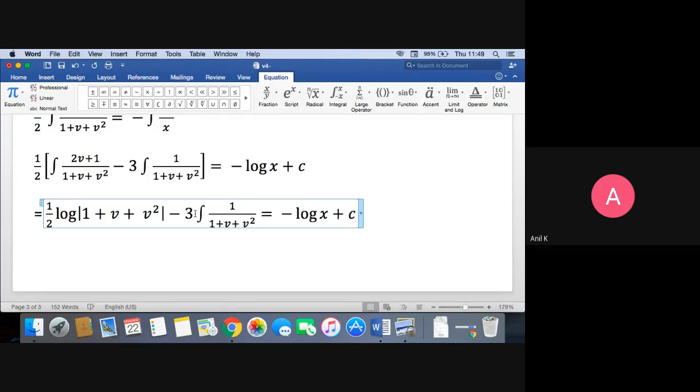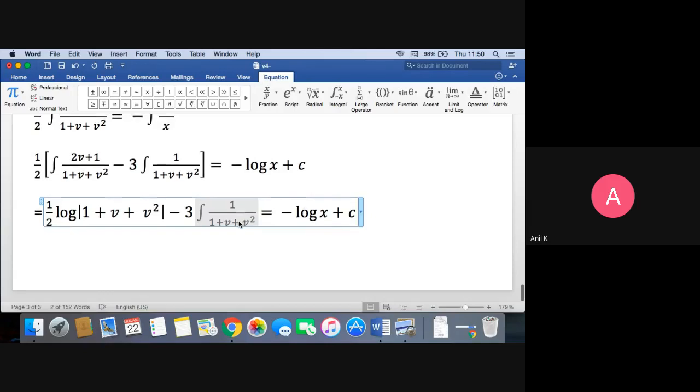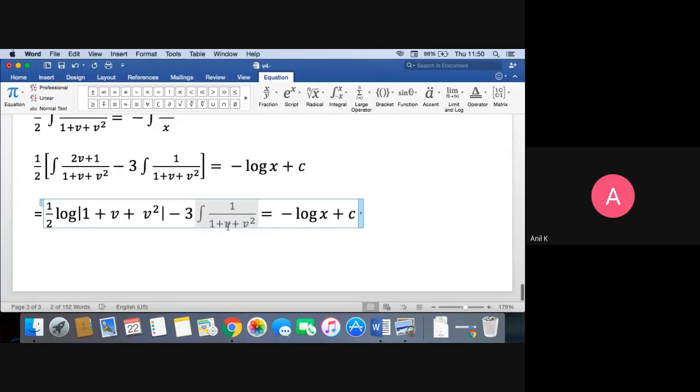After simplification, try to solve this integration. You have to use the completing square method, then you will get one of the formulas, maybe 1 upon a square plus x square, a formula that we already studied. If you are not getting it, I'll explain in the next class.